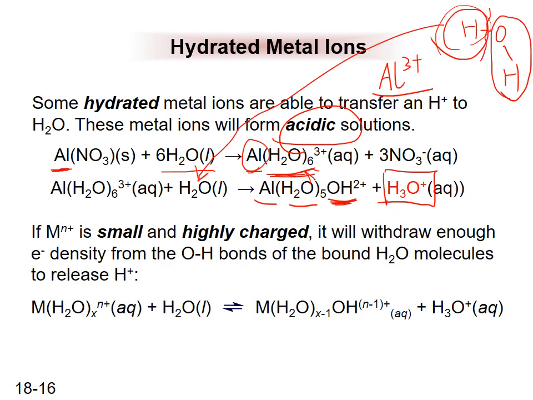So in general, a small and highly charged metal ion like aluminum will withdraw enough electron density from the oxygen-hydrogen bonds of the bonded water molecules to release a hydrogen ion. The water becomes a hydronium ion, and the solution is acidic.